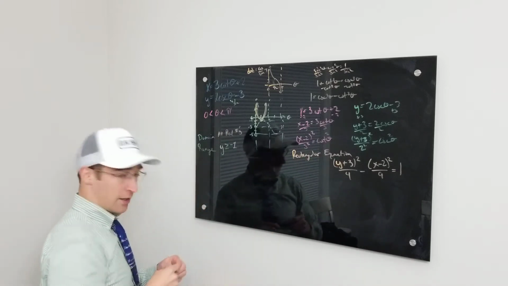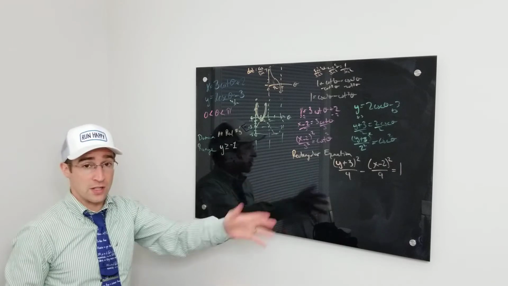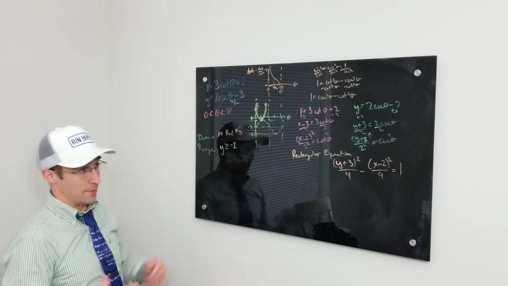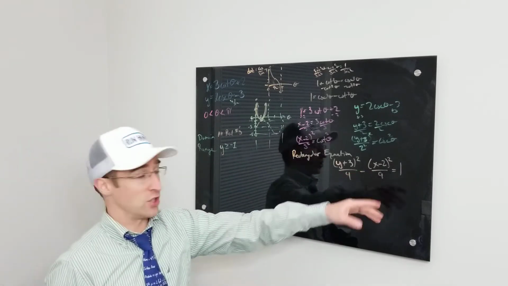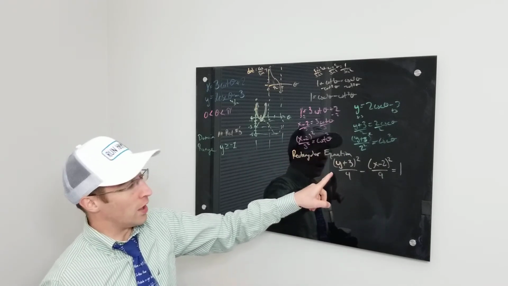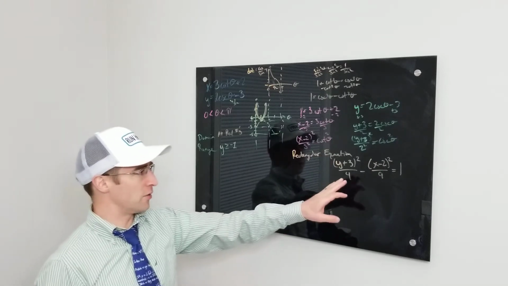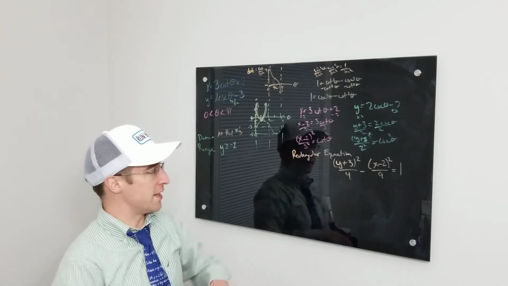There it is. Lovely. So we notice that is the equation for a hyperbola, right? Because it's got subtraction. And it's a vertical transverse axis because the y part is positive, we're subtracting the negative part. And we got an a value of 2, b value of 3, we got a center.